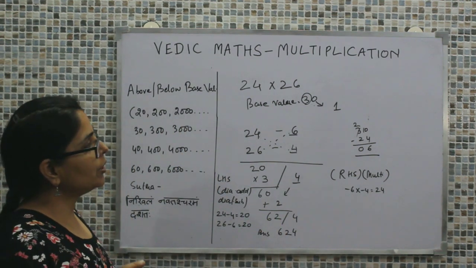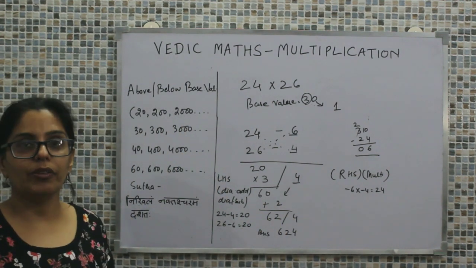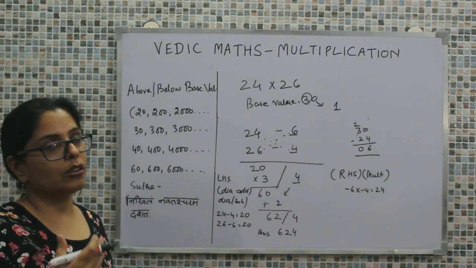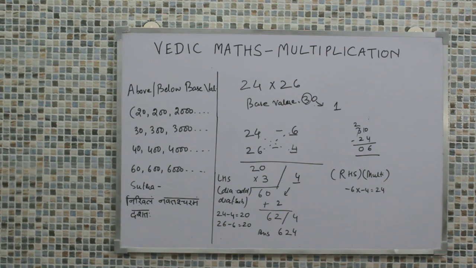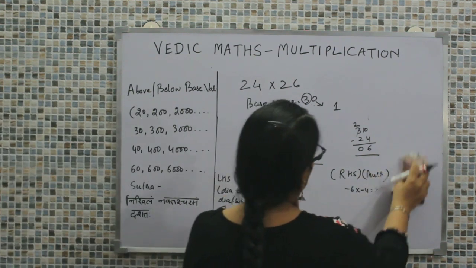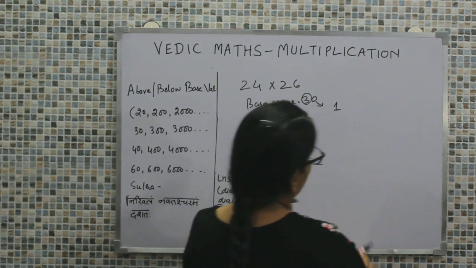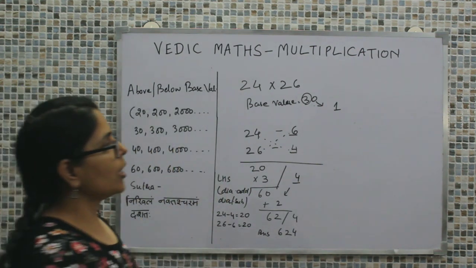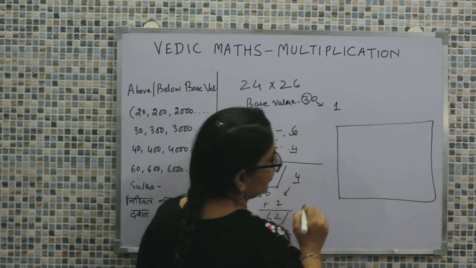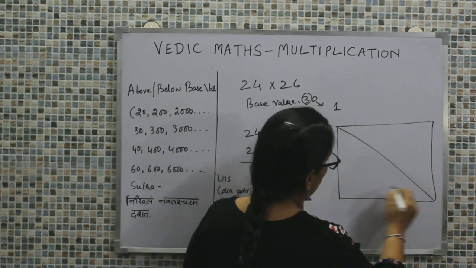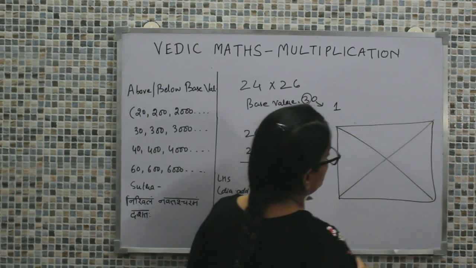Now let's verify this answer, whether we have done the calculation right or not. As we have discussed, we form this rectangle and split it into 4 portions.